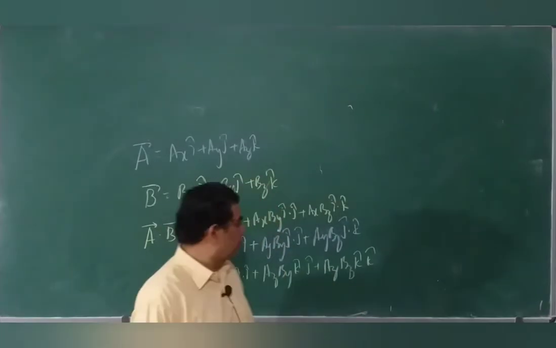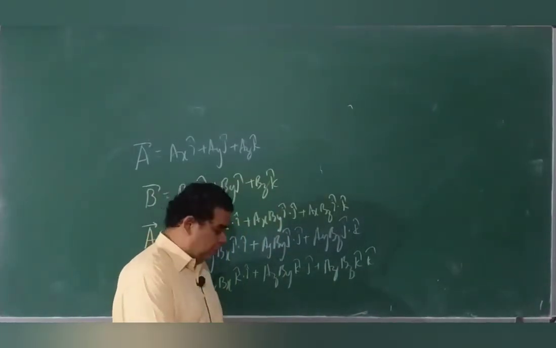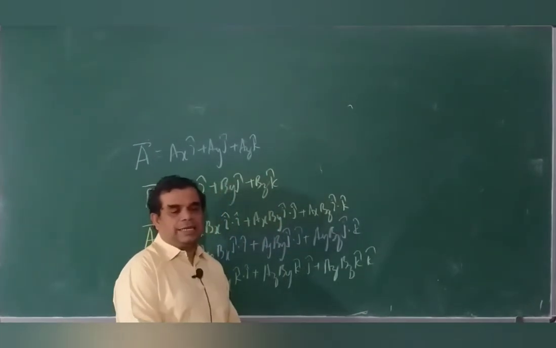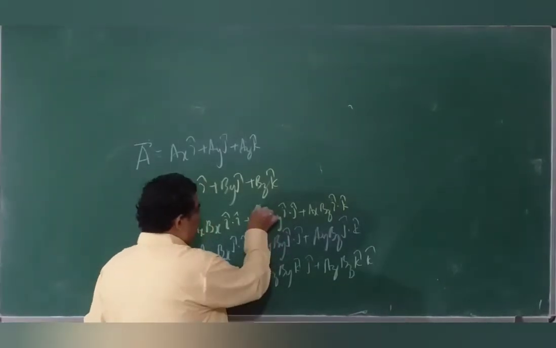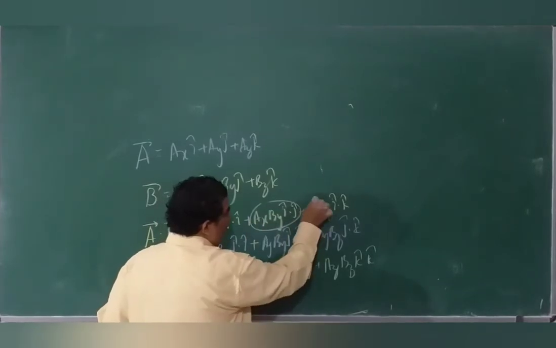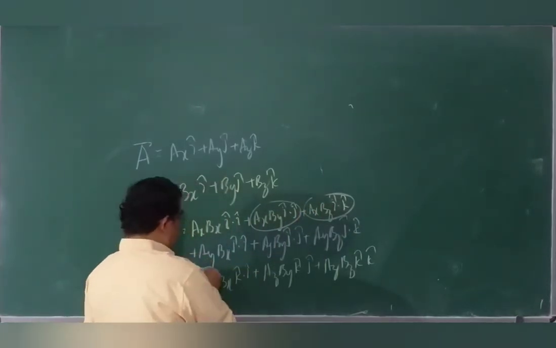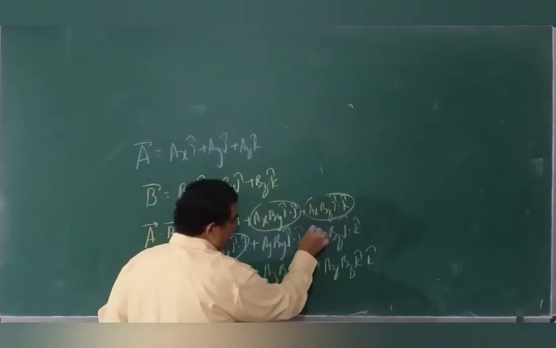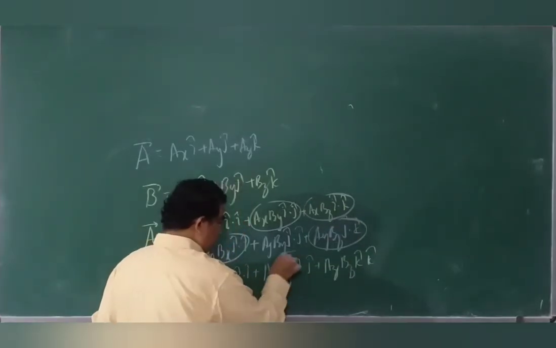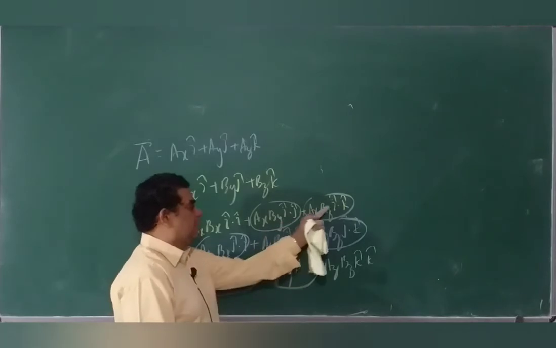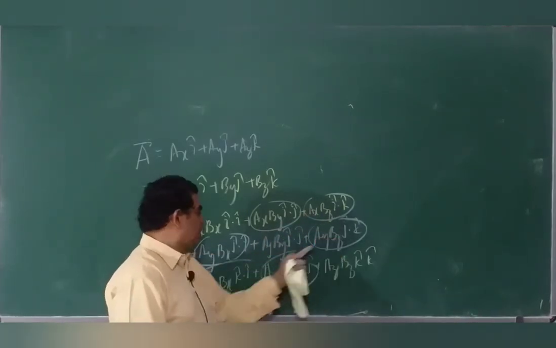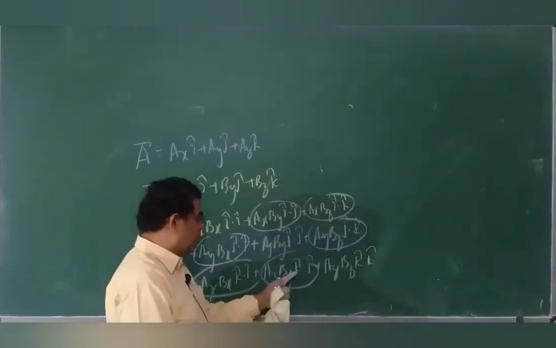Observe. As we know now, i dot j, j dot k, k dot i are all 0. Therefore, these things are zeros. These are all zeros because i dot j, j dot k, i dot k, j dot i, like that.